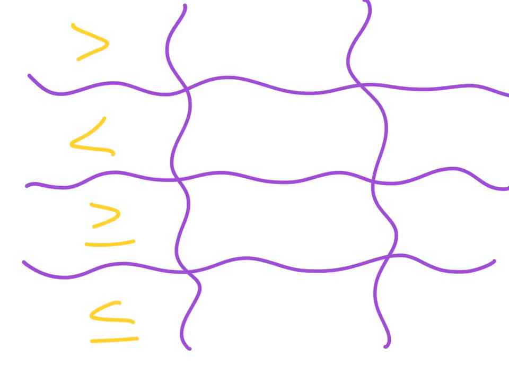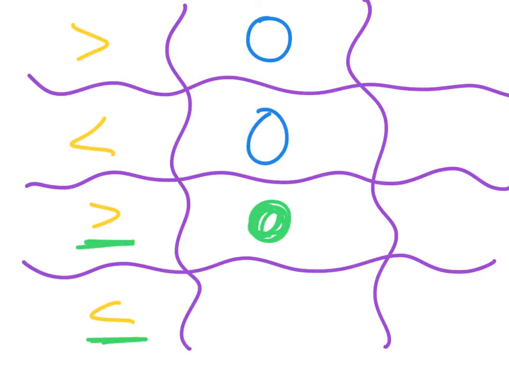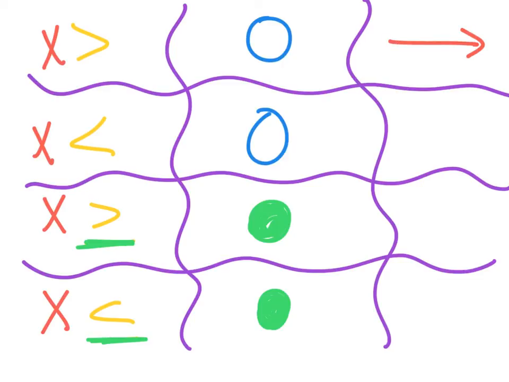All right, and just to refresh, if you have a greater than or a less than, so not equal to, your circle is going to be open. If you have a greater than or equal to, or a less than or equal to, your circle is going to be a filled in circle. It's going to be solid. And more often than not, as long as x is on the left side, then for greater thans, we're going to shade to the right.